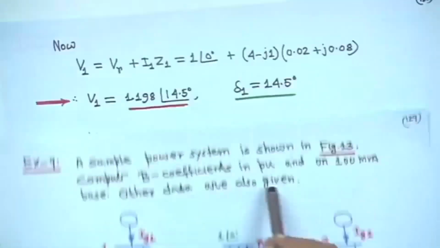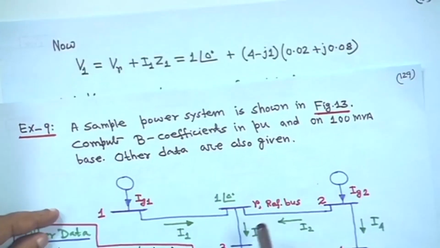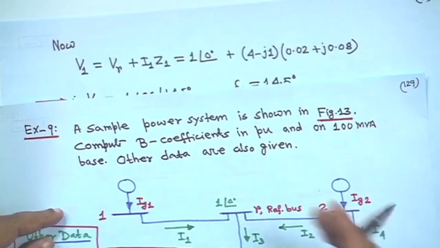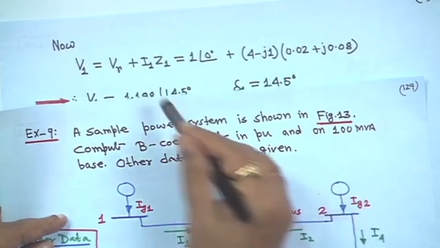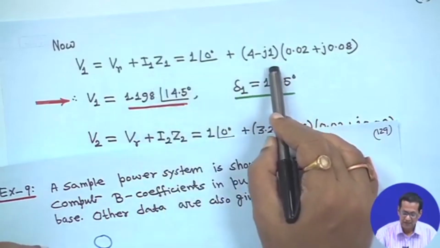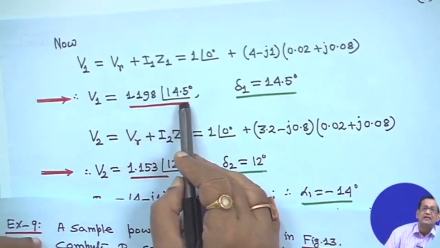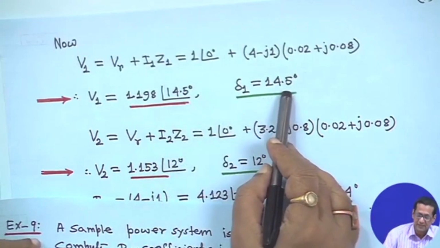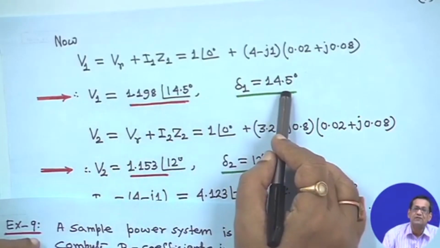Then V 1 is equal to V r plus I 1 Z 1, where V r is 1 angle 0, I 1 is known and Z 1 is also known. So you will get V 1 equal to 1.198 angle 14.5 degrees. That means delta 1 is 14.5 degrees, the voltage angle at bus 1.